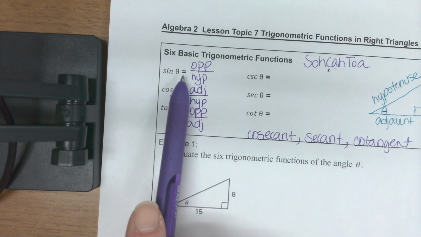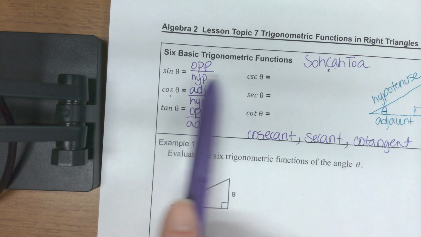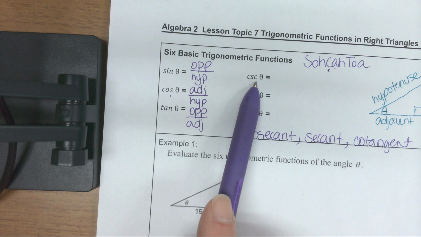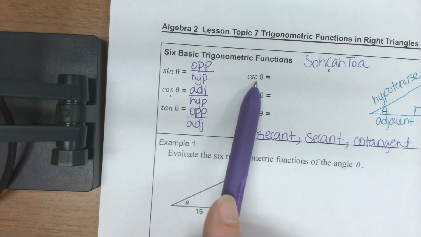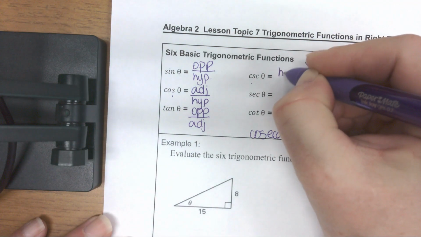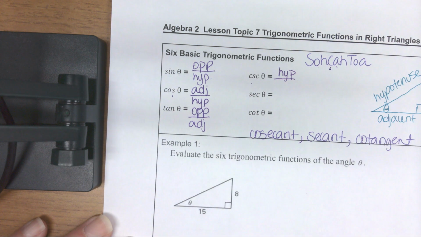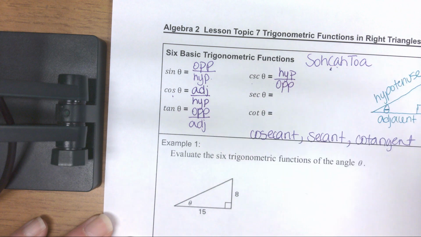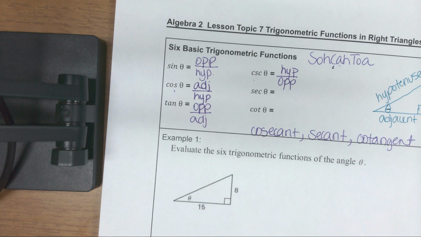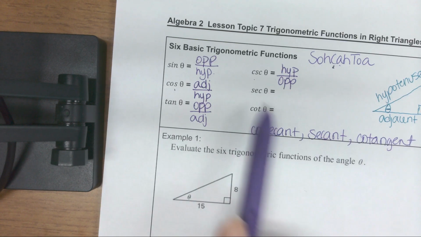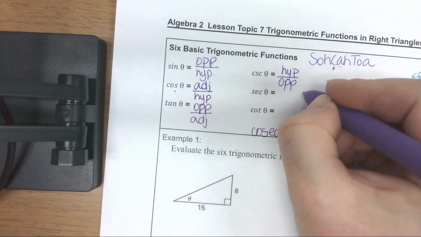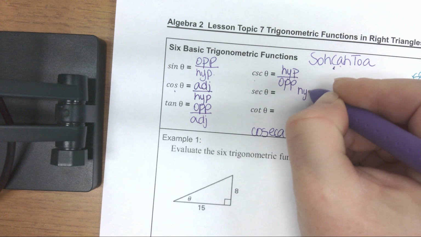I put these next to each other because they are just reciprocals of one another. The cosecant, I know you think it should go with cosine because of the cos, but it doesn't. It is simply the reciprocal of the sine function, so it is the ratio of the hypotenuse over the opposite. The way we take a reciprocal of a fraction is we flip it. The secant is the reciprocal of the cosine function, so this one is hypotenuse over adjacent.